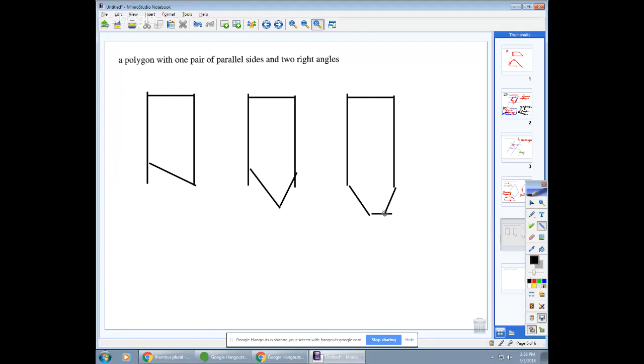I could do a quadrilateral based on that first one. I could do a pentagon based on that. I could do a hexagon based on that. And I could just keep doing that all day long. Are there any other options? There are other options.